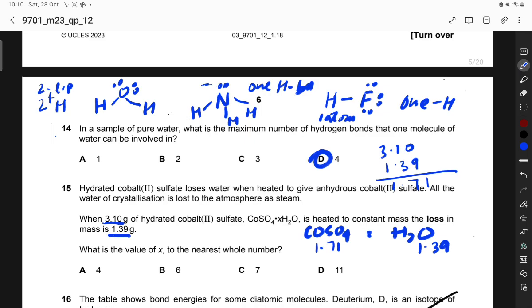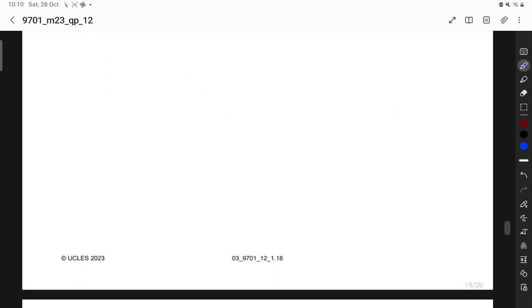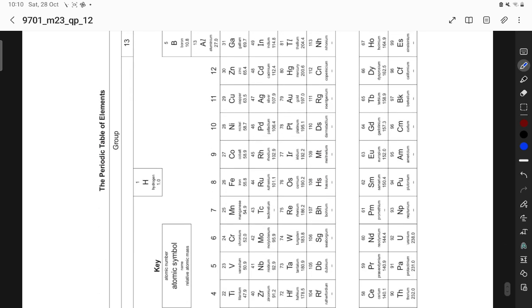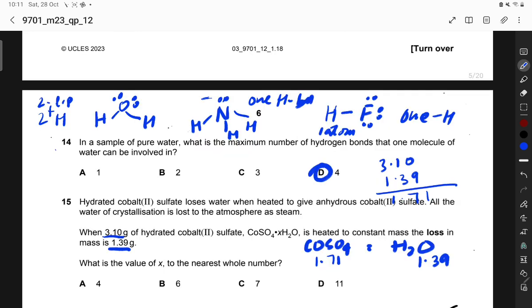So we have cobalt mass is 58.9. Cobalt mass is 58.9 plus 32 plus 64.